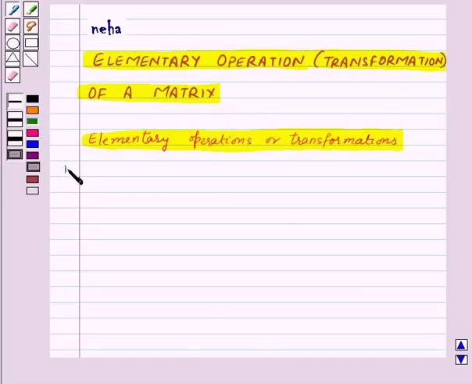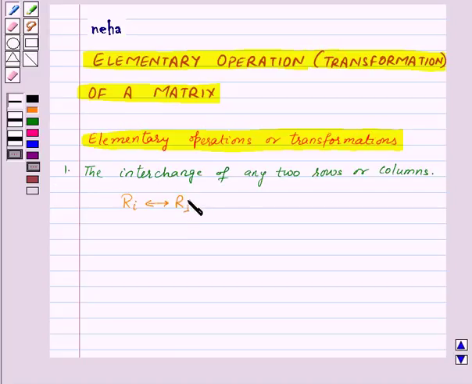So let us see what are these 6 elementary operations or transformations. First one is the interchange of any 2 rows or columns. Suppose we want to interchange ith row with jth row, then we will write Ri interchanges with Rj.